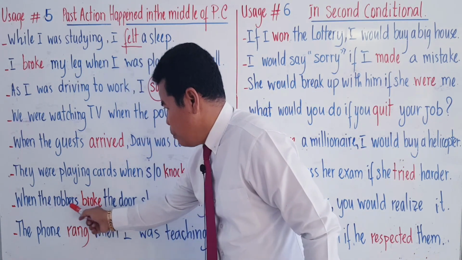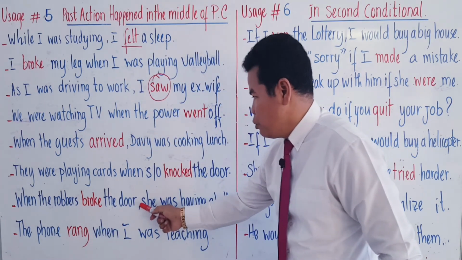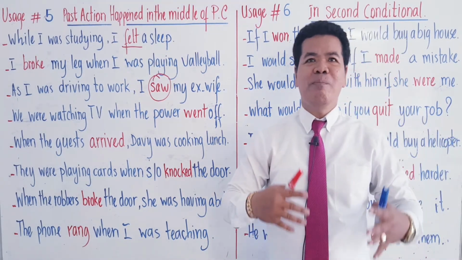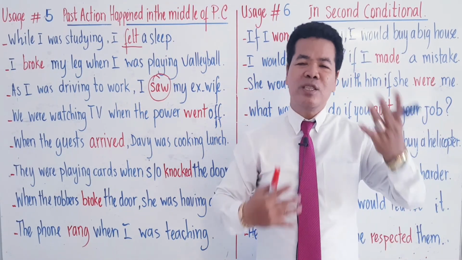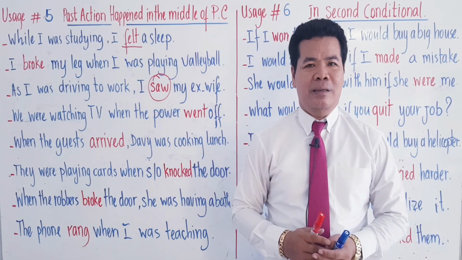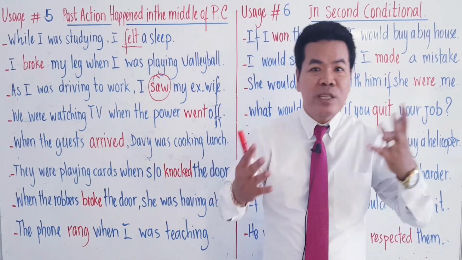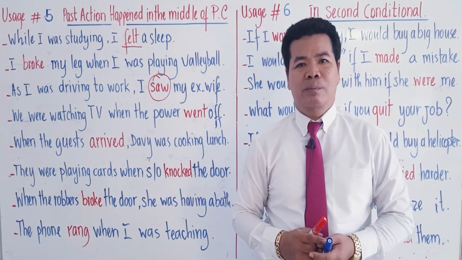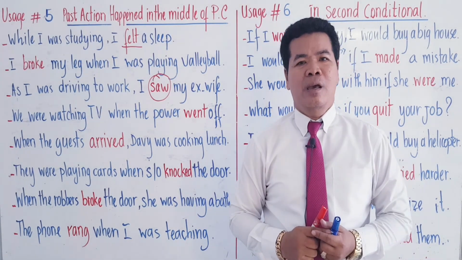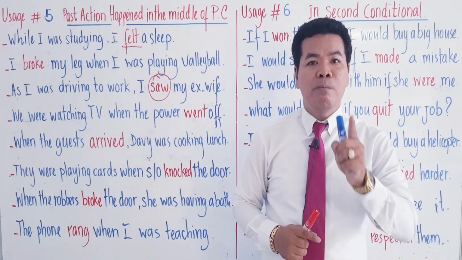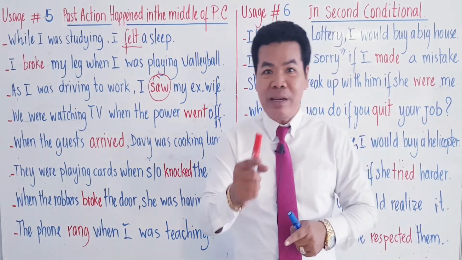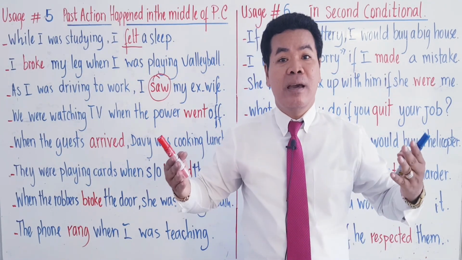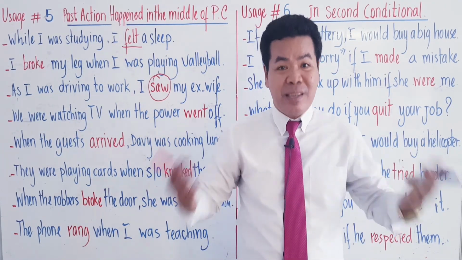When the robbers broke the door, she was having a bath. She was taking a bath. Okay? And when she was taking a bath, the robbers broke into the house. So the action, the robbers broke the door, happened in the middle of the other action, that she was having a bath.